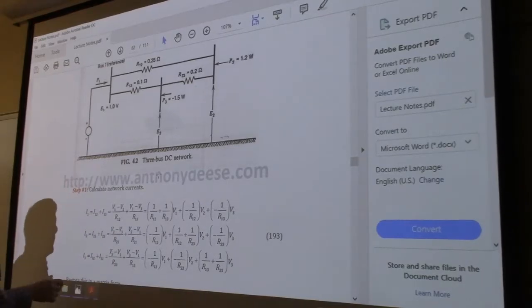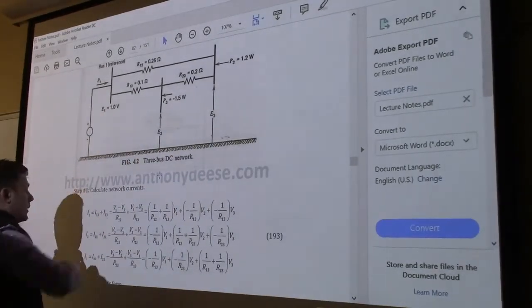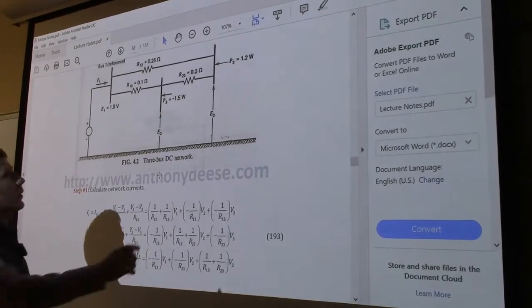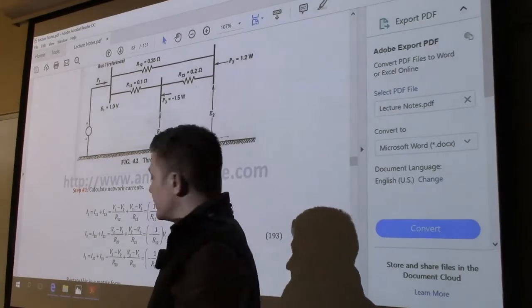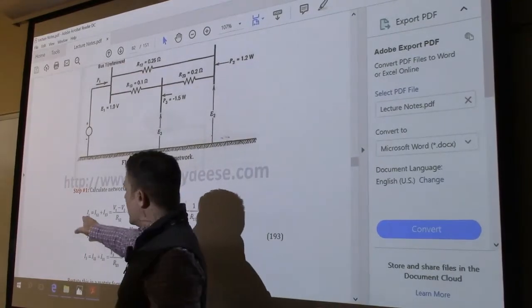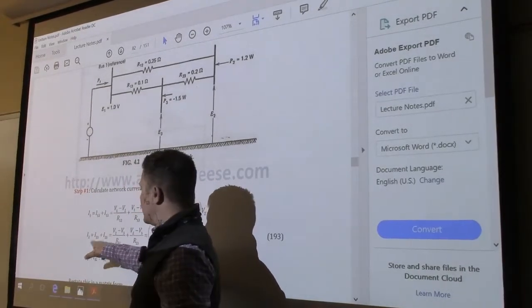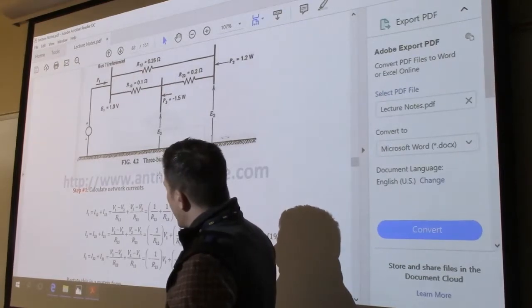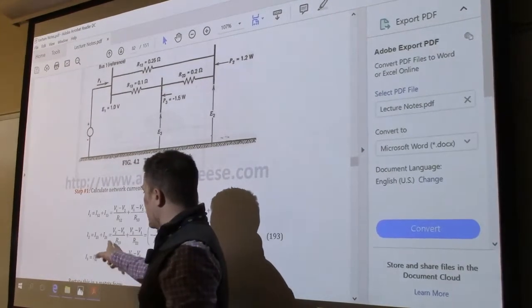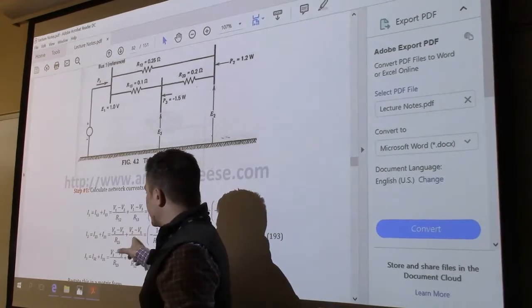We know what I21 is. It's the current flowing between bus 2 and bus 1. I2 is the sum of all the current flowing into the bus. So it makes sense. I2 is going to be equal to the sum of I23 plus I21. I23 is just going to be, using KVL, V2 minus V3 over R23, plus V2 minus V1 over R21.